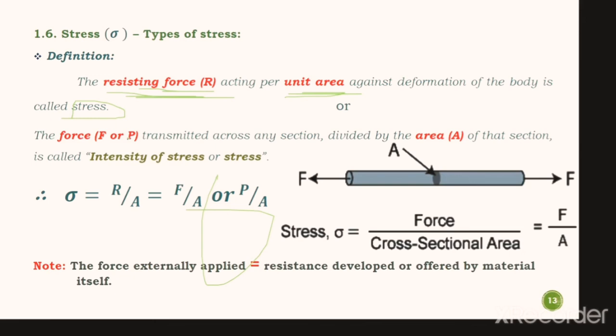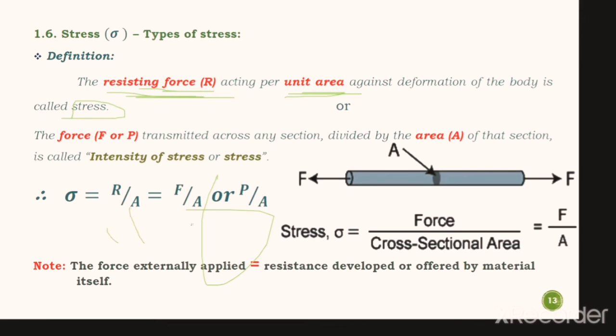So therefore you can define this stress as the force applied divided by area. So force applied divided by area is equal to resisting force developed in the body divided by its area. So what area? Okay, so the area on which this force is acting either tangentially or perpendicularly, that area is to be taken here. See the figure here.